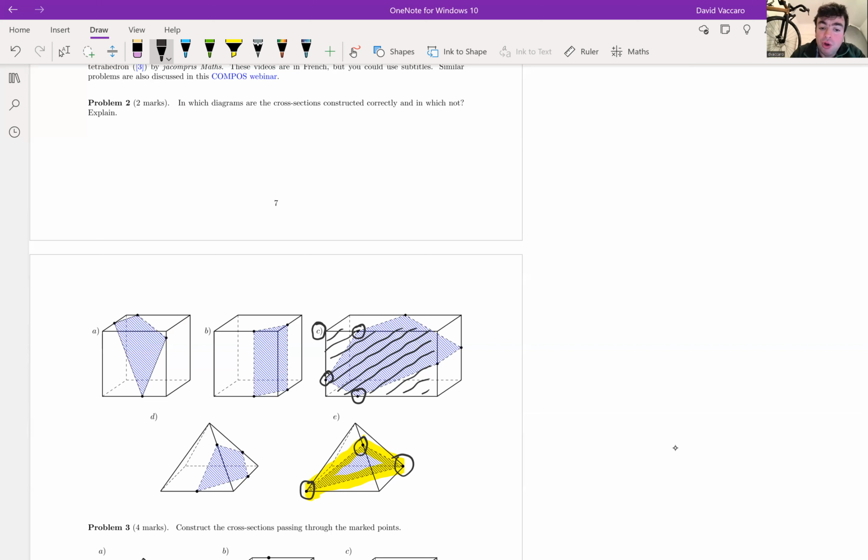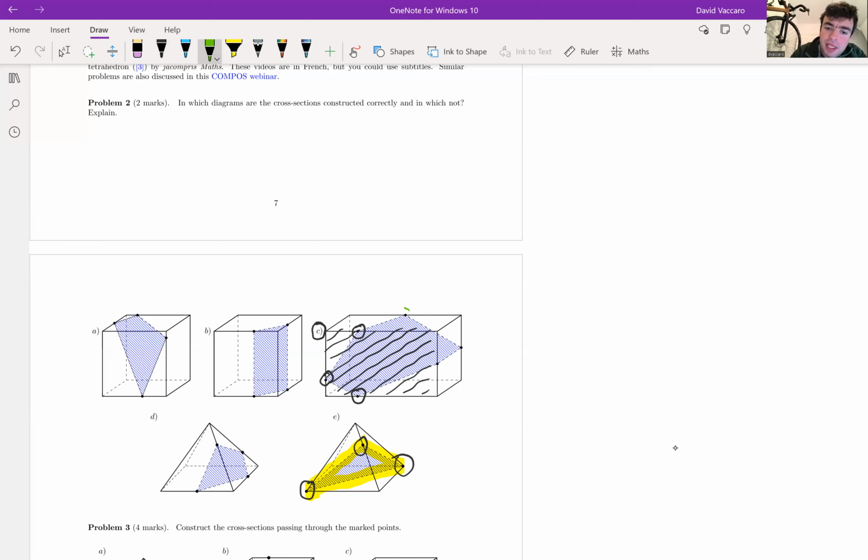But the moment we've got 3 points lying on a plane, the unique plane that contains those 3 points is the only plane that contains them. So these 3 points in C, which lie on the front face, the plane that contains them must just be the front face.